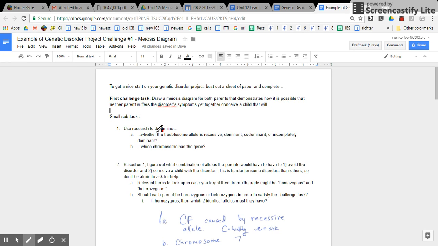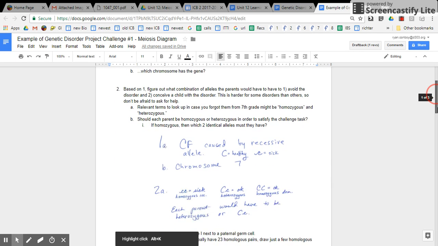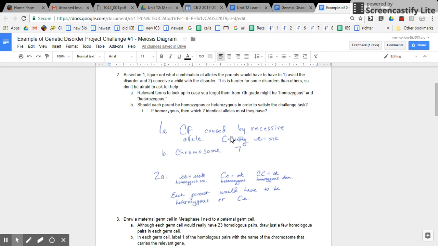So, this first subtask or two I have completed right here, and that is essentially that I found out that cystic fibrosis is caused by a recessive allele. As you probably remember from seventh grade, recessive alleles we typically show with a lowercase letter, and dominant alleles we show with an uppercase of the same letter.